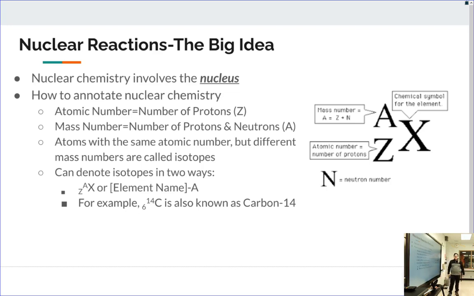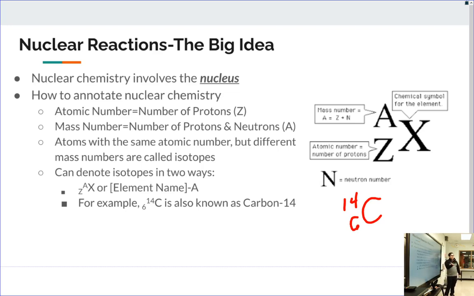Okay. The problem with Schoology is that it's very difficult to write the annotation of elements like this. So like carbon-14, I'll write down here. Carbon-14 has 6 protons. If we were to write it this way, this would be true.